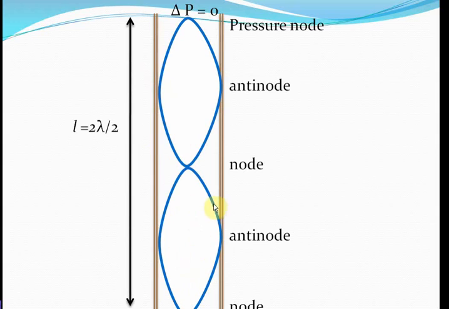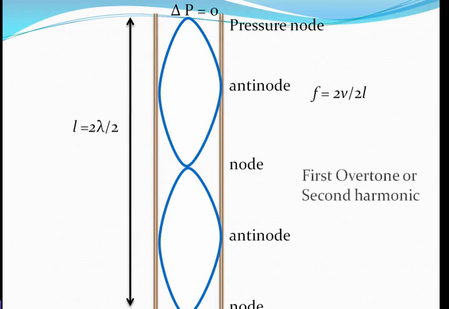Thus L will be equal to 2 into lambda by 2, or if we substitute lambda by V by F, we get F equal to 2V by 2L. So the second possible frequency in an open organ pipe will be 2V by 2L. This frequency will be the first overtone or the second harmonic.